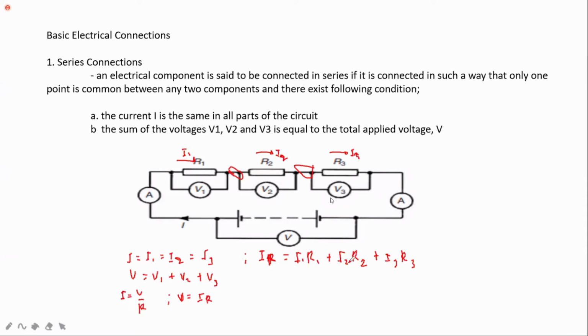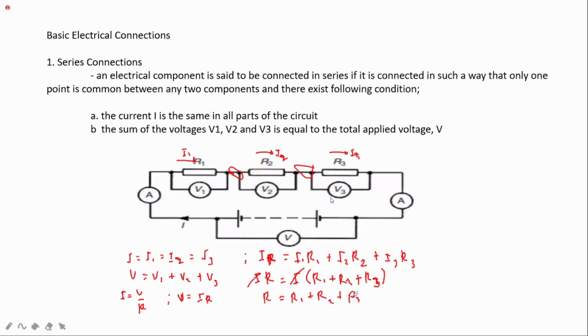But the currents are equal, no? So I1, I2, I3 equal to I. So therefore, this is I R equal to I times the quantity R1 plus R2 plus R3, no? So that you can factor out I, what is left is R equal to R1 plus R2 plus R3, no? For series.